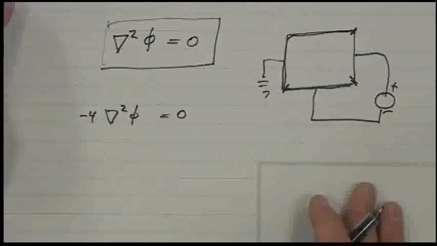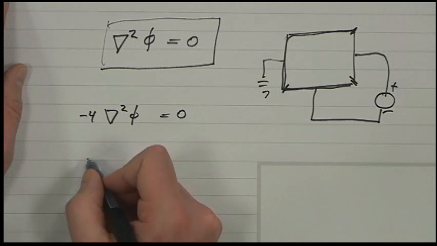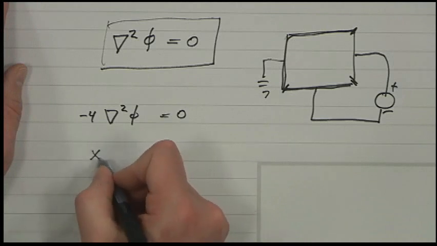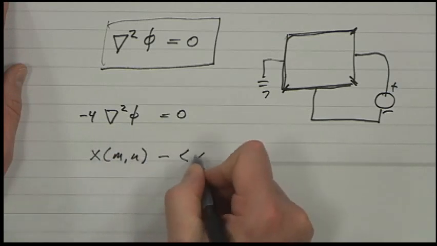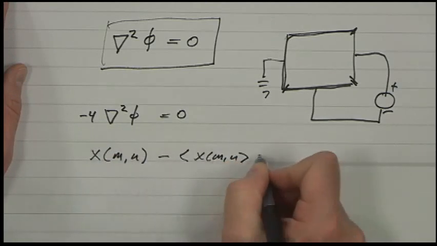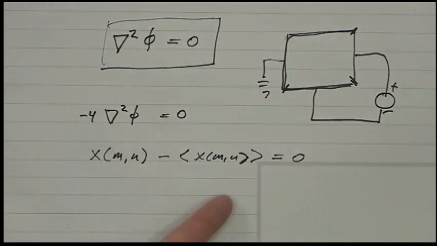So if you want to solve Laplace's equation in 2 dimensions, you're basically just trying to set x m n minus the local average of x m n equal to 0. So this comes up a lot. It's like a smoothness constraint, basically.